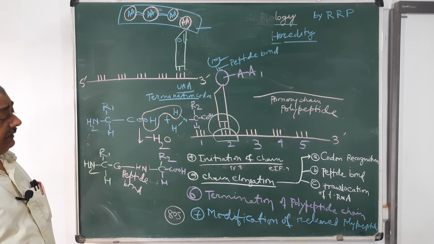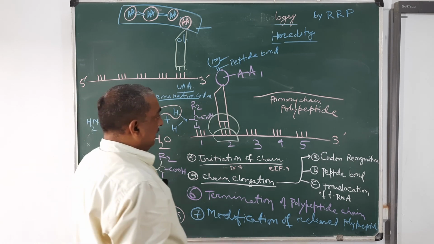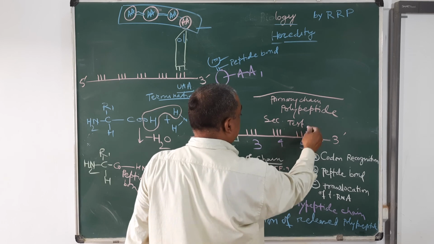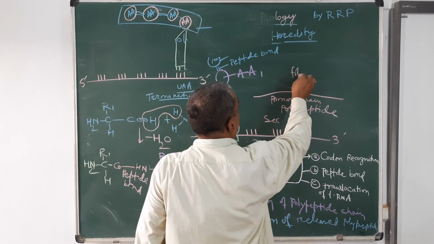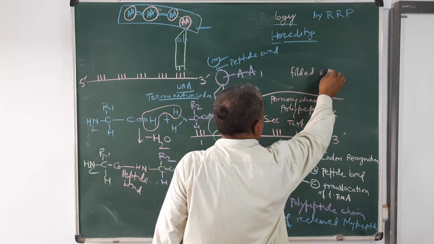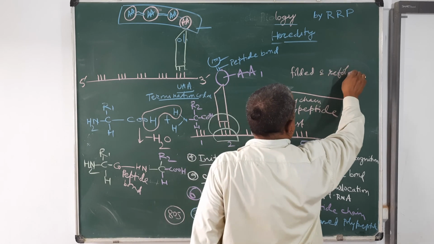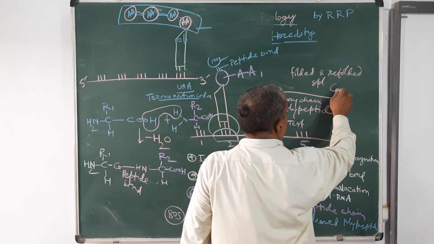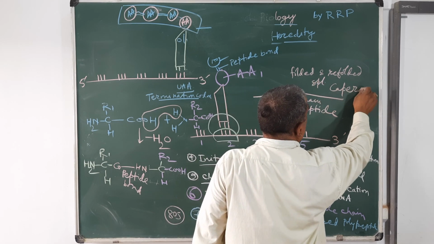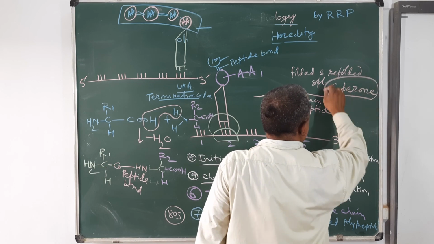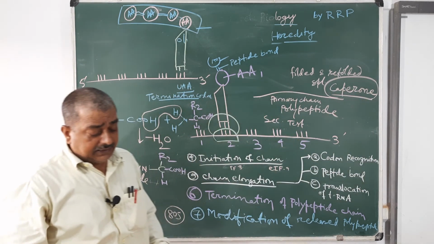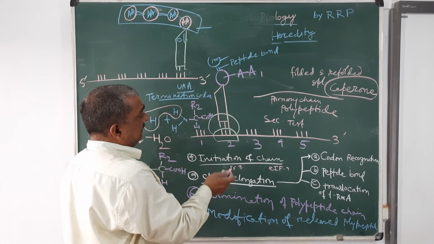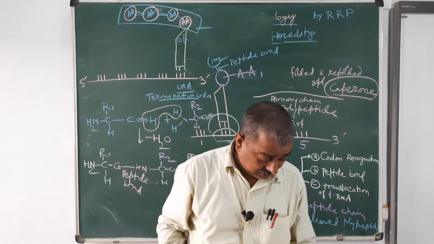The released polypeptide chain is modified further to form secondary and tertiary structures, and is folded and refolded with the help of a special protein called chaperone. Chaperone helps in folding and refolding of the new polypeptide chain. In this way, protein is produced from the primary transcript chain. Thank you.